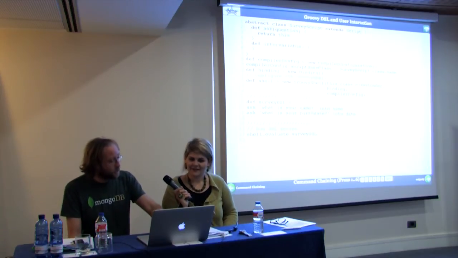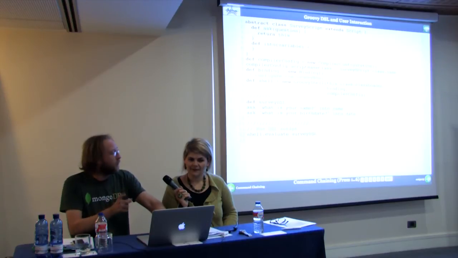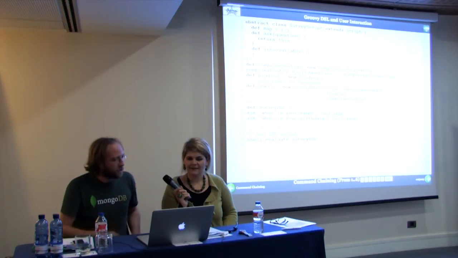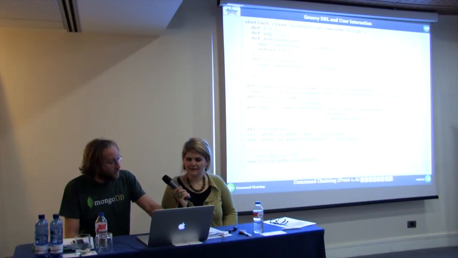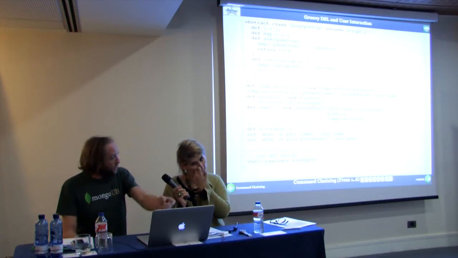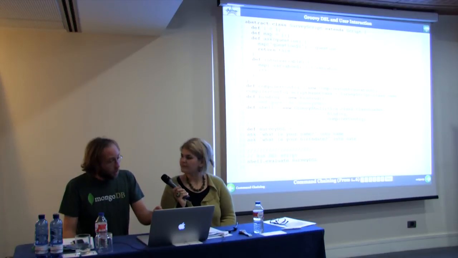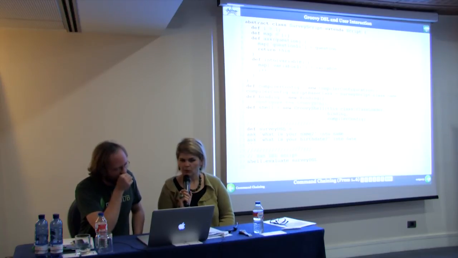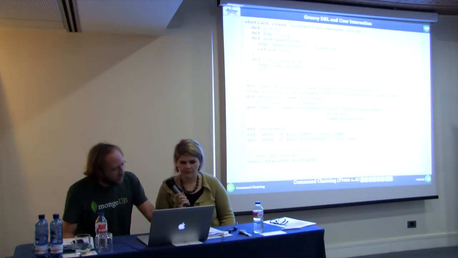So let's create a map which will hold all of our answers, just an empty map. And then we actually store the question and then we store the answer. I think that should be it. Let's run it.